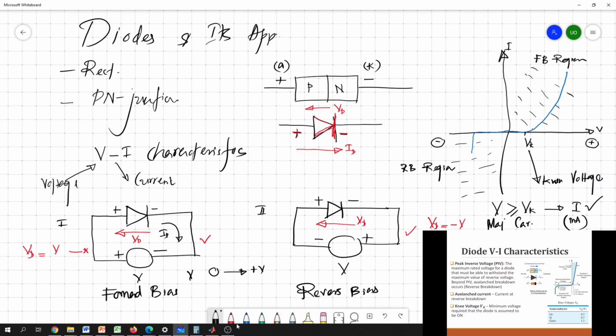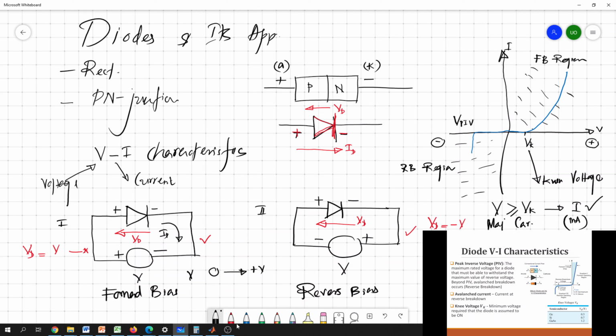That is the maximum reverse voltage which that particular diode can tolerate. That voltage is defined as the peak inverse voltage.